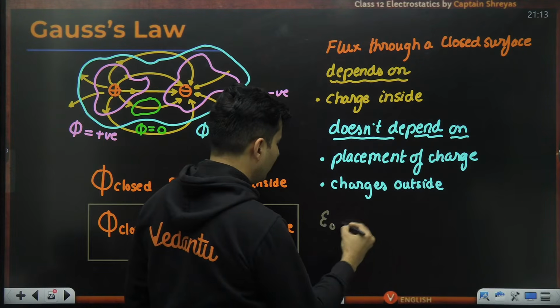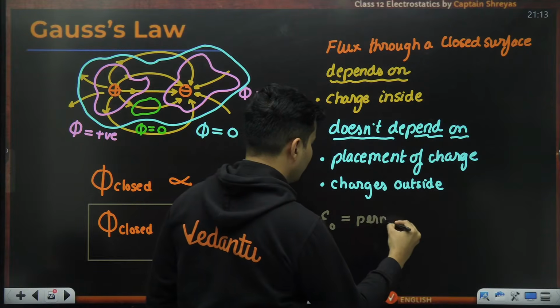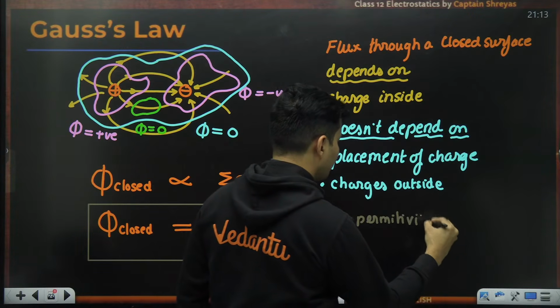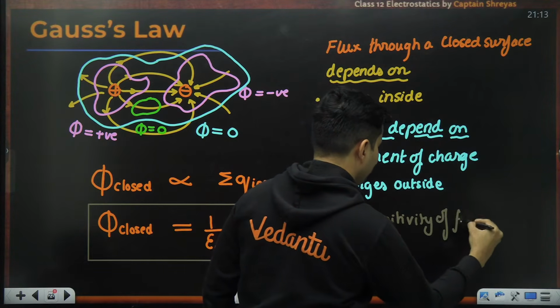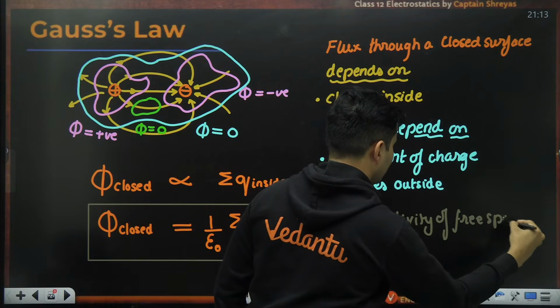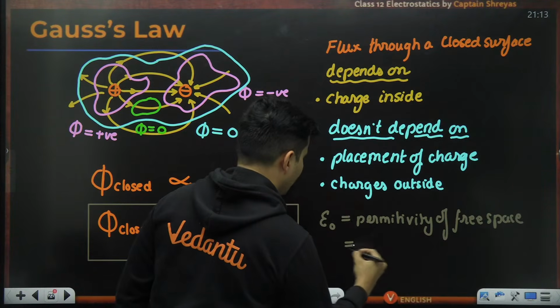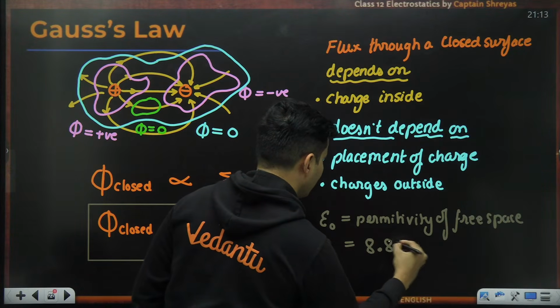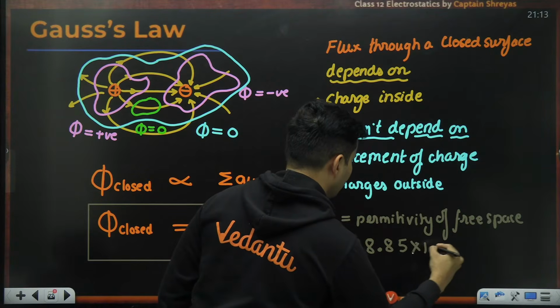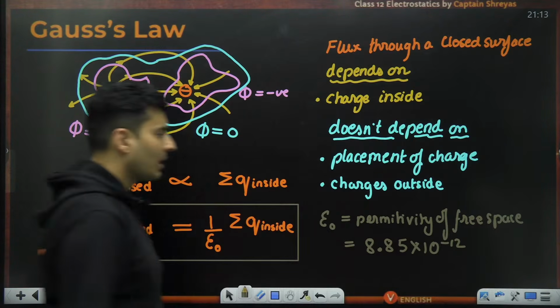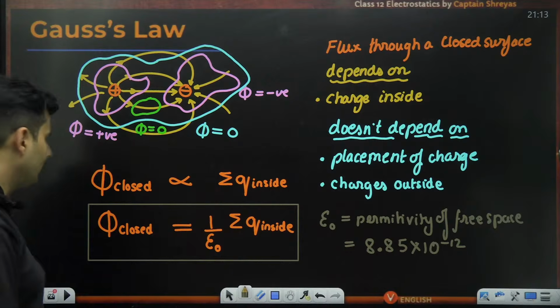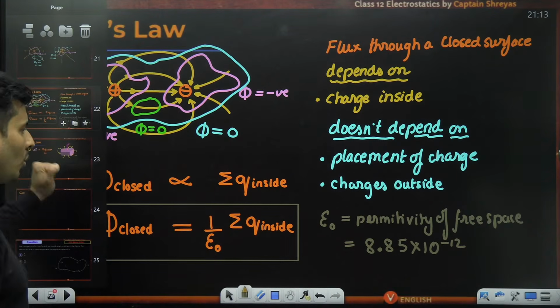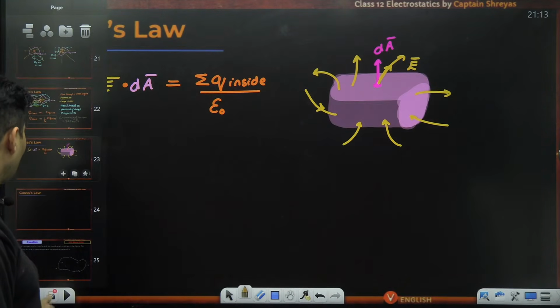Remember the value of permittivity of free space, whose SI value is 8.85 into 10 to the power minus 12. That was the value of it in SI units.